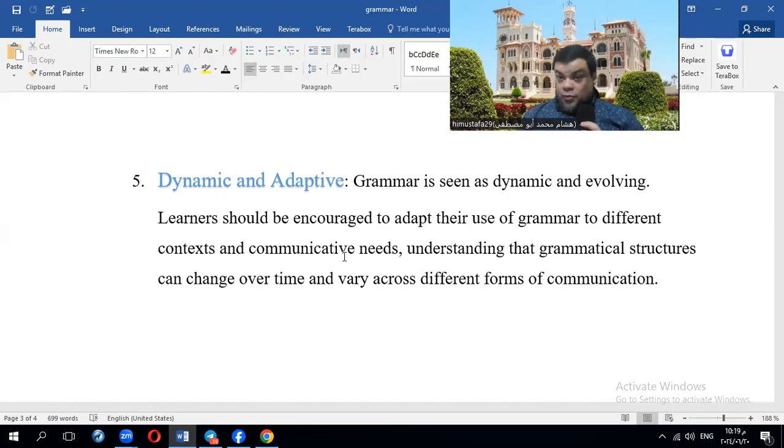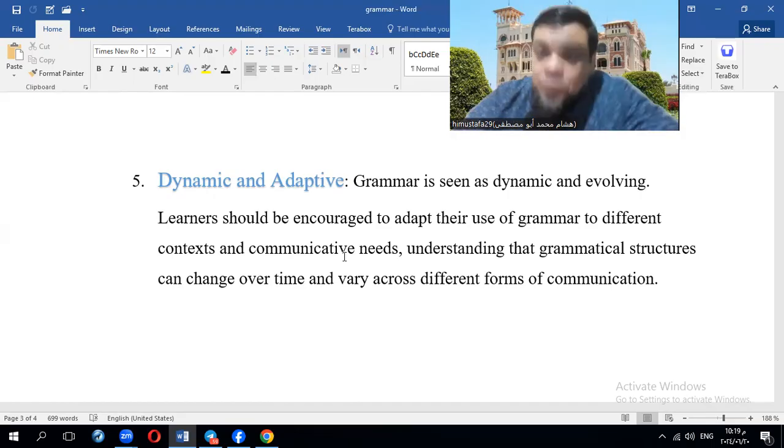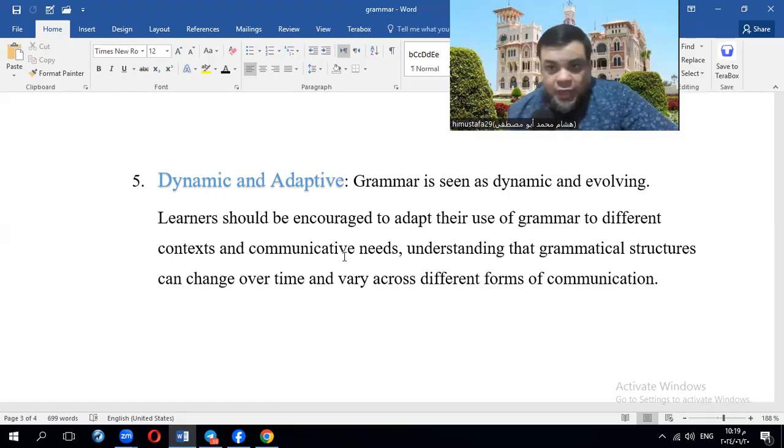I'm speaking formally, so I should use formal grammatical structures. I'm writing formally. I cannot use contractions or ellipses, for example, okay? So what is acceptable in one situation may not be acceptable in another. For example, "Do you have any money?" "Sure." Just one word.